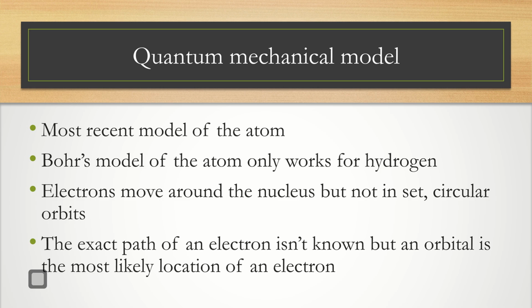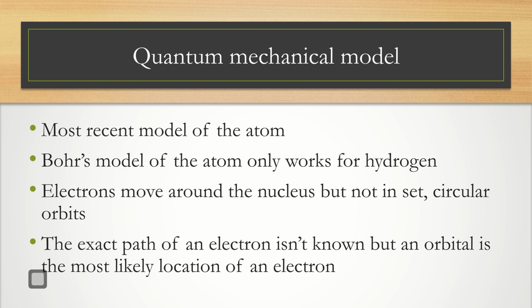But if there's more than one electron, the Bohr model would say that they are orbiting in a set arrangement, in a circular pattern around the nucleus, and that's not true. These electrons are moving very quickly, and we can only give probable locations of where they are versus exact locations as the Bohr model would like for us to be able to predict.